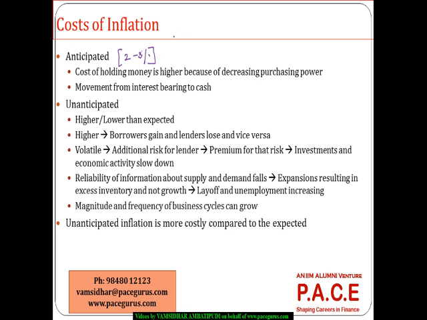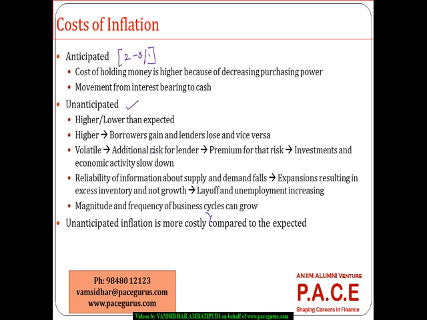So there is some kind of targeting done by the countries and the central bank. So some portion of inflation is anticipated, whereas the remaining is unanticipated. Whatever it is, if inflation is much higher, it is going to impact the economic activity of the country. But at least the anticipated is much better compared to the unanticipated.